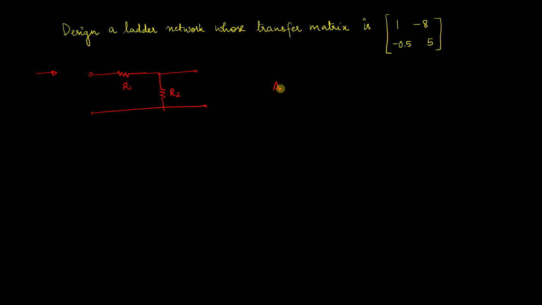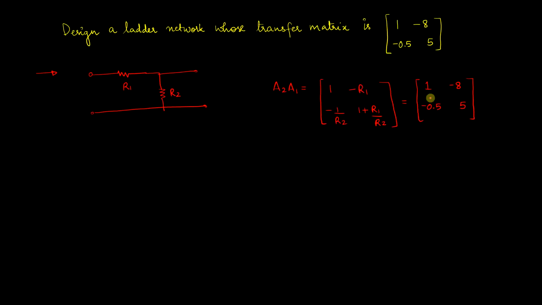So we had obtained A2 into A1 to be equal to [1, minus R1; minus 1 by R2, 1 plus R1 by R2]. So this is equal to [1, minus 8; minus 0.5, 5]. What we are required to do here is determine the values of the resistances in the series and the shunt circuit.